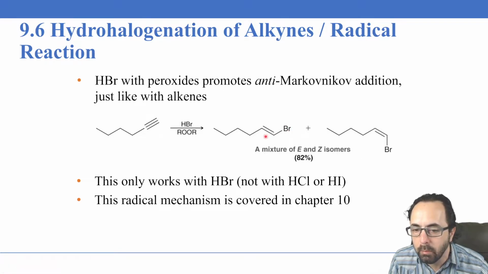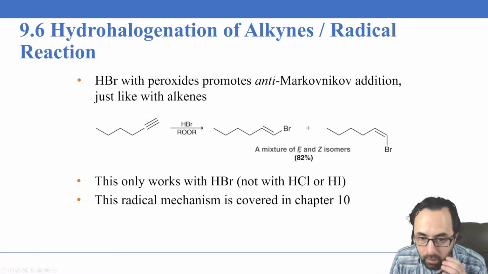It's going to stop, or we can control it. If we add excess HBr, we can add twice. If we control the amount of HBr, we can add just once here, and the halogen atom will add to the less substituted carbon. We do have stereochemical considerations here. We need to think, well, what side will it add on?